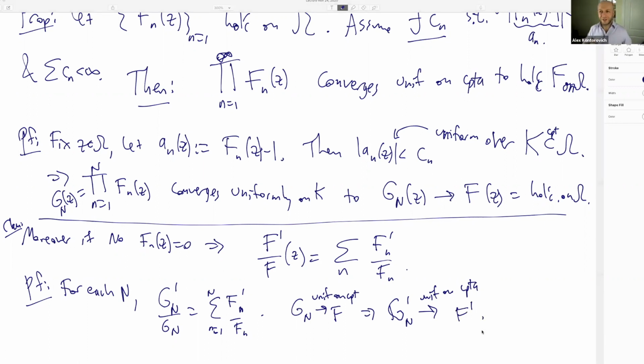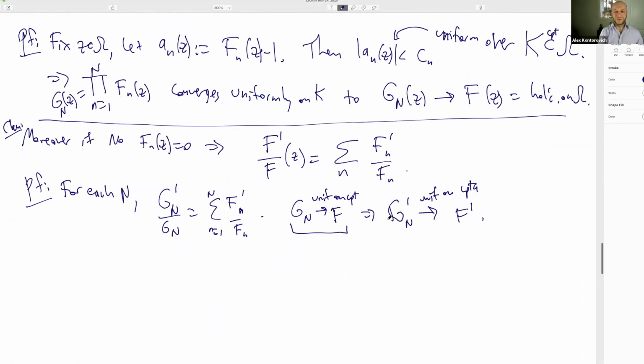That was an exercise or something. We did this long ago. Hopefully you remember this fact. And if none of the fn's are 0, so this product is never 0, that means the limiting thing is not 0.